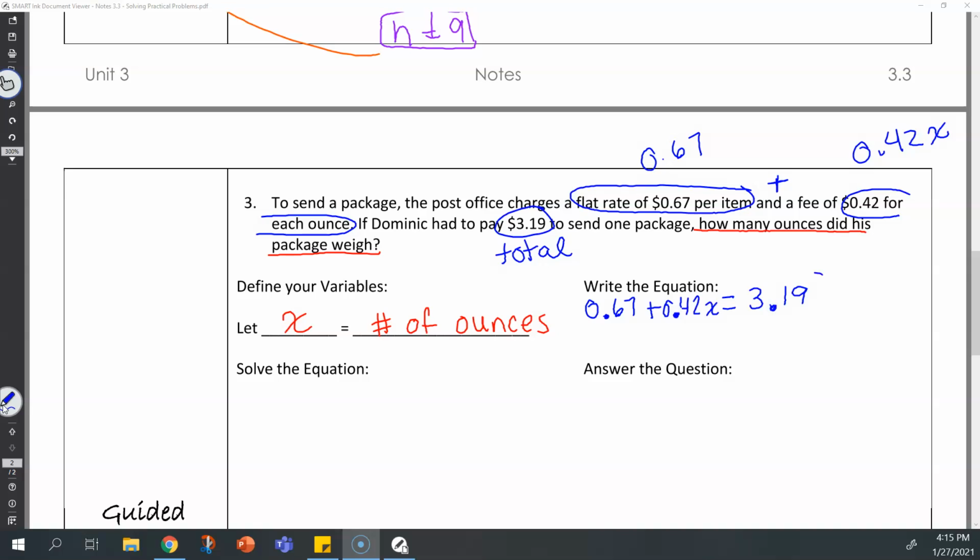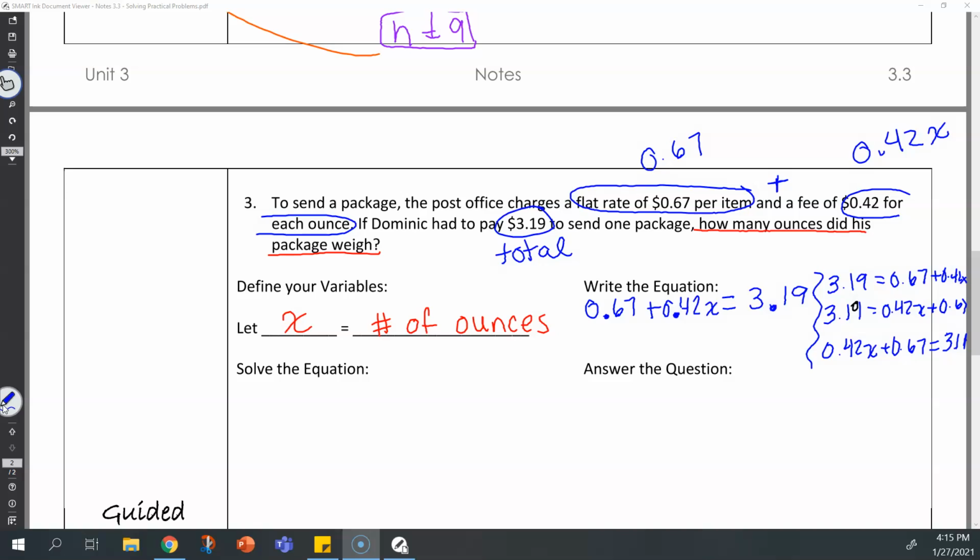Okay, remember that this can look a little bit different. You can put the $3.19 first, then do your 0.67 plus your 0.42x. You can do that same thing, but with my 0.42x first and then my 0.67, or I can do 0.42x plus 0.67 equals $3.19.